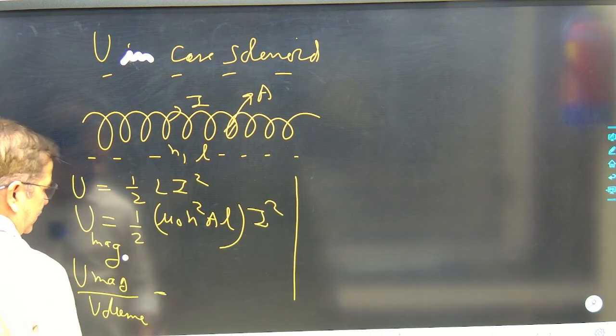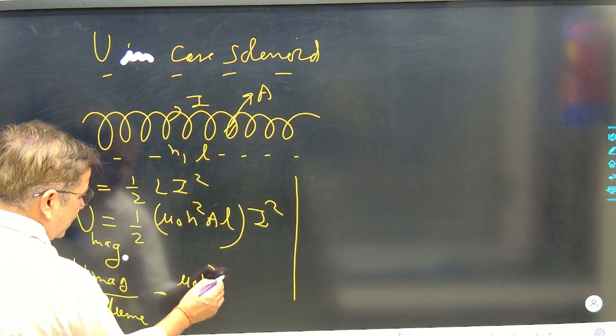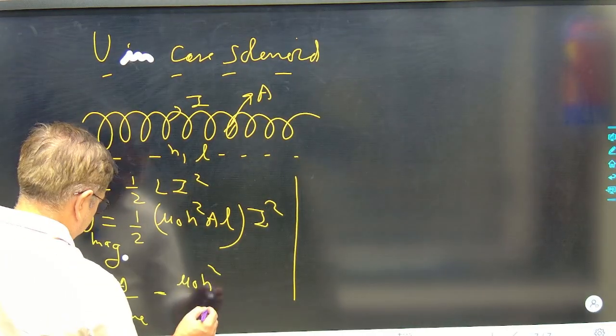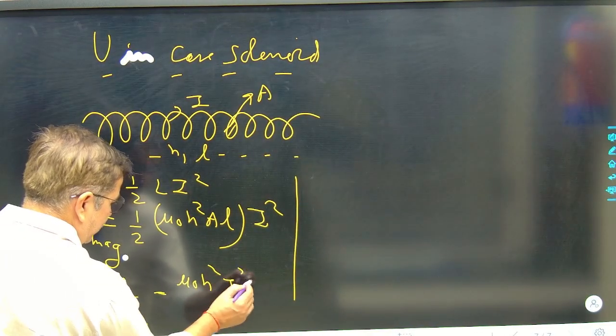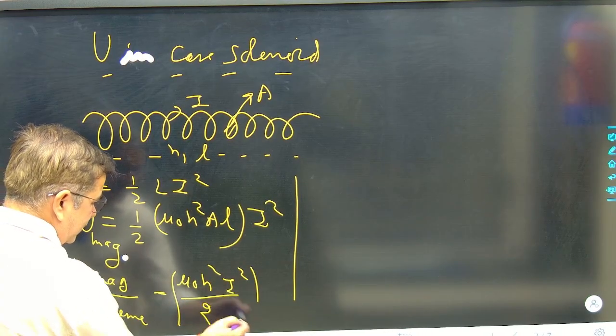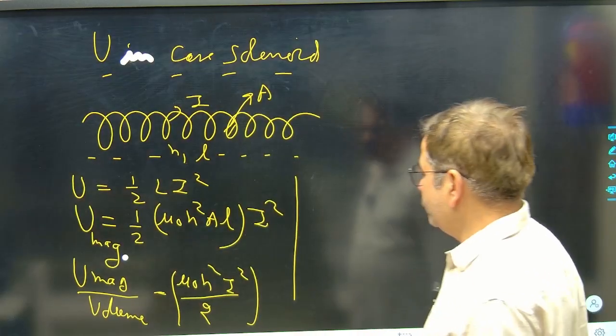I will get mu naught N square I square by 2, because I am dividing by A into L.